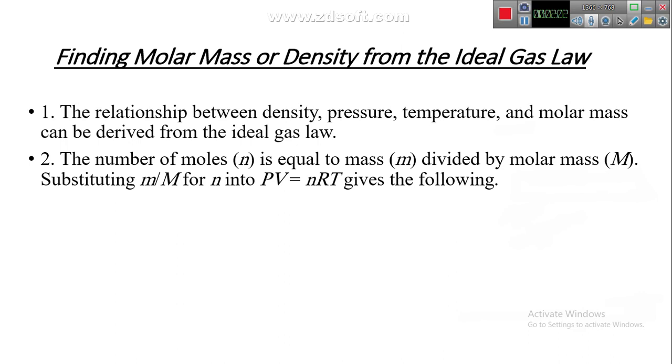Substituting m divided by M, where m is mass and M is molar mass, for n into PV equals nRT gives the following equation: PV equals mRT over M. P is pressure, V volume, m mass of the sample, R gas constant, T temperature in Kelvin, M molar mass, or M equals mRT divided by PV.